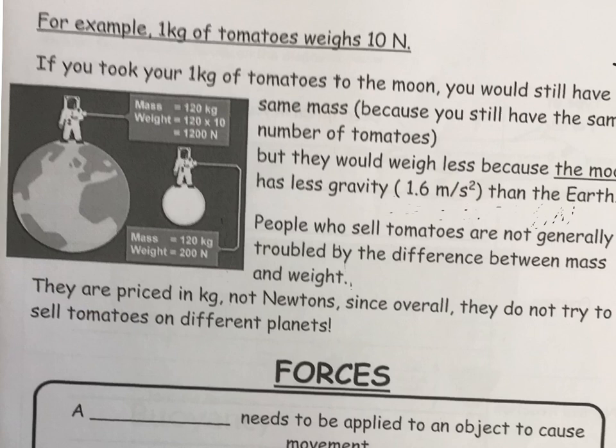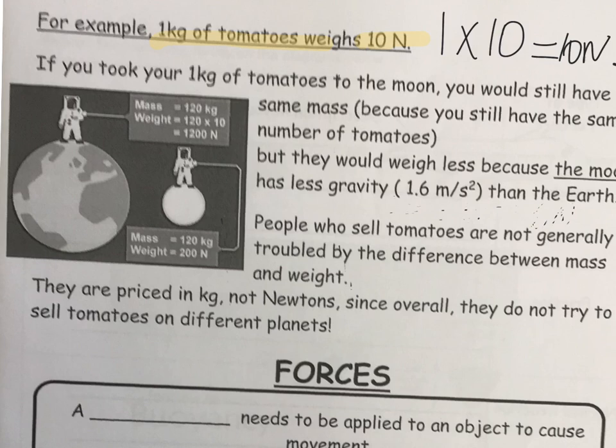So we'll take the example of 1 kilogram of tomatoes on Earth. So 1 kilogram of tomatoes would weigh 10 newtons. And we work that out because we have one kilogram times 10, which is the force of gravity, and we get 10 newtons.